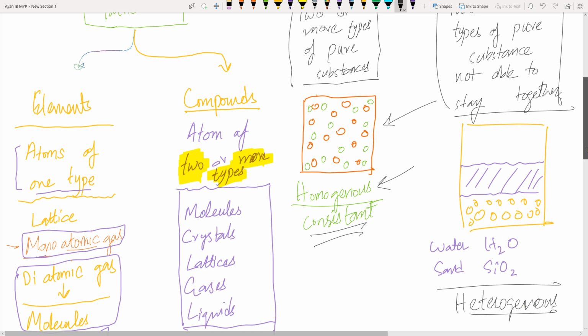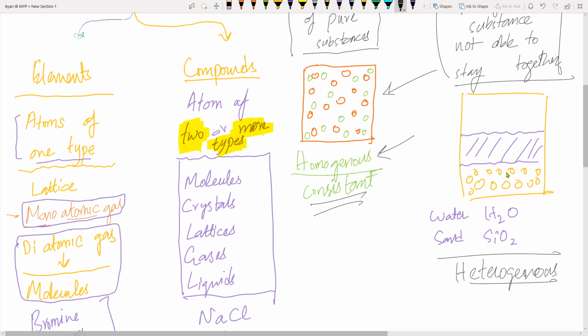So heterogeneous are substances which are not able to mix together, right? They're going to have different properties at different levels. So let's say if I take a sample from here for water, that's going to be a different composition. If I take a sample from here, you're going to get water and some of the sand. But if I just scoop out the very bottom of it, you're only going to find sand and very little amount of water, right?